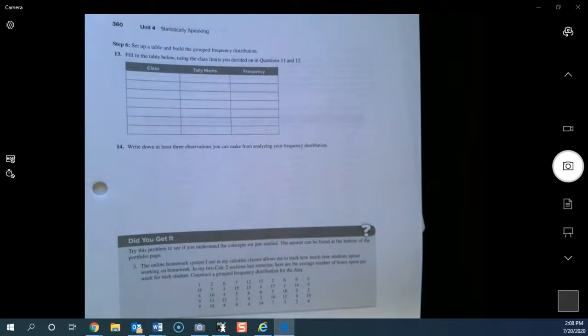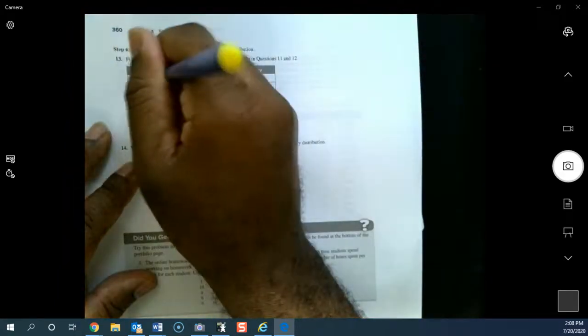Okay, now we move on here to problem 13. It says, fill in the table below using the class limits you decided in question 11 and 12. All right. So remember, we had 100 to 104.